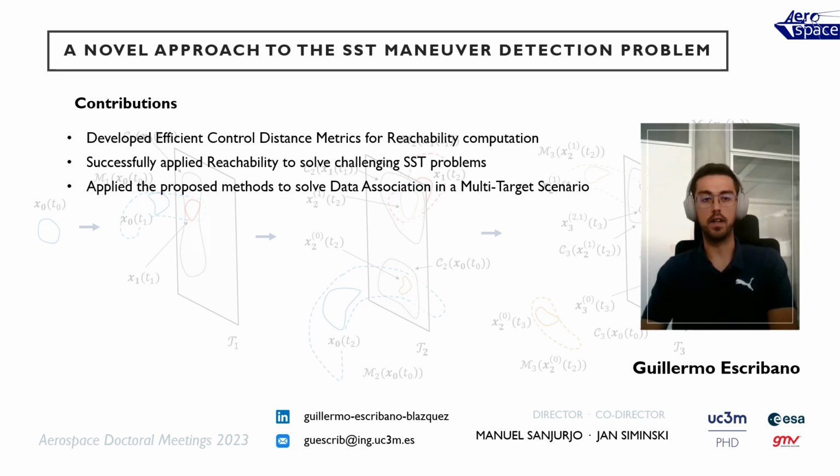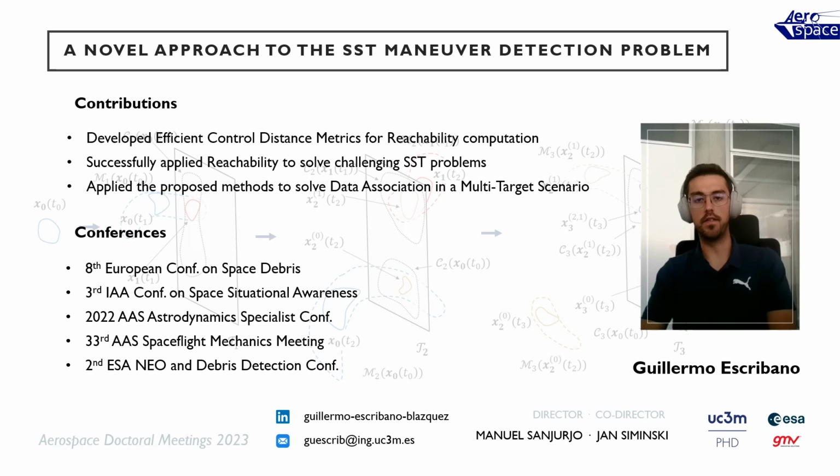And finally, we have shown how this approach can help to resolve ambiguity regarding data association by providing consistent maneuver prior distributions. If you're interested in the development of the methodology, you can find a detailed explanation of the different methods in the proceedings of these 5 conferences.